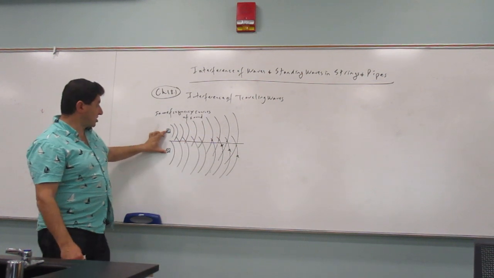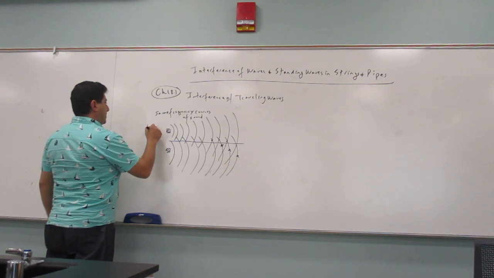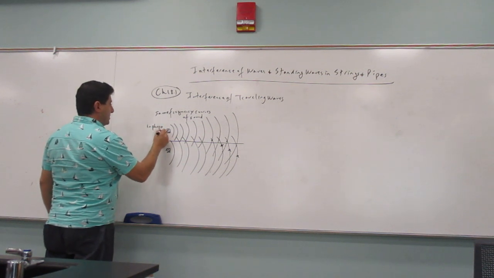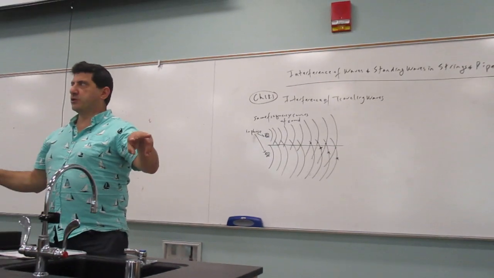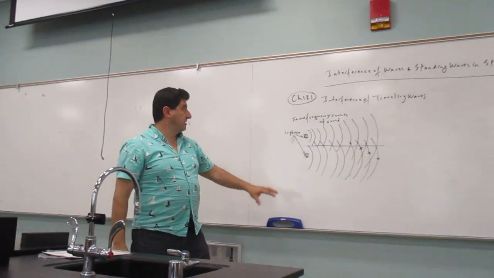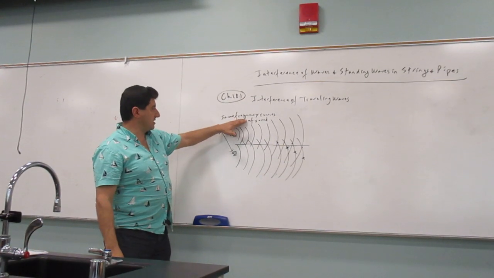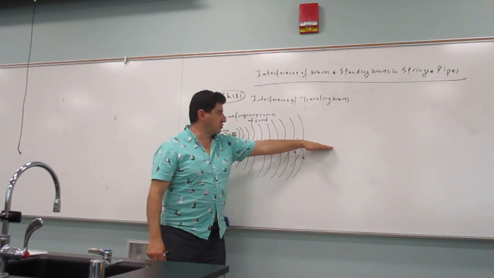So if they start out in phase, so let's assume they start out in phase originally, they're being driven by the same oscillator. So we call that, in optics, coherent light sources, right? And they have the same frequency. So then in the middle is going to be constructive interference.